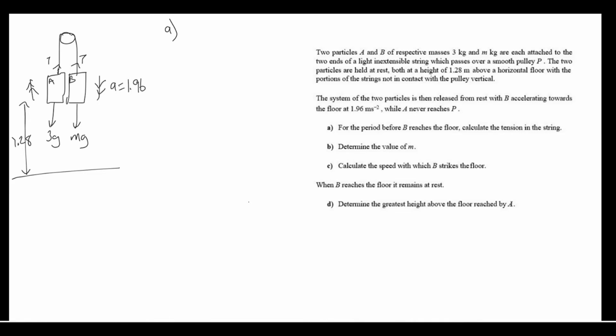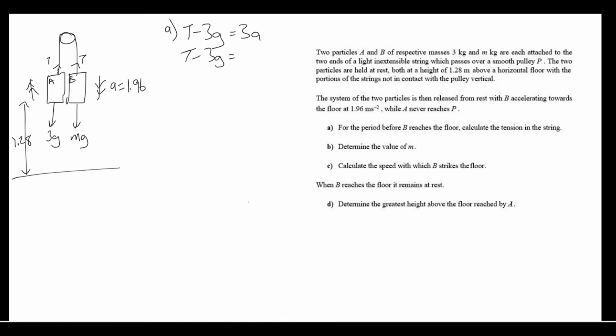Part A tasks us with finding the tension in the string for the period before B reaches the floor. So it's just how we would usually find the tension in the string. I'm going to do a motion equation for particle A. So that's F equals ma. The resultant force is T minus 3g, and that equals 3a.